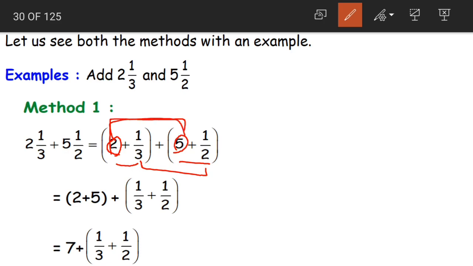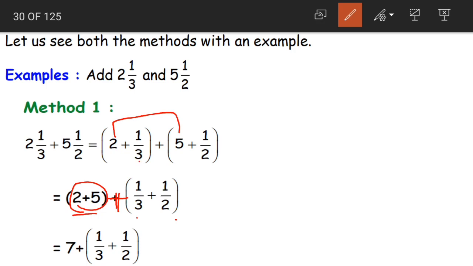So even here we'll add the whole numbers together: 2 plus 5, and remember to keep the plus symbol because we are adding. So 2 plus 5, the whole numbers, plus our proper fractions 1 by 3 plus 1 by 2. Understood, children? The whole numbers of both the mixed fractions plus the proper fractions of both the mixed fractions.